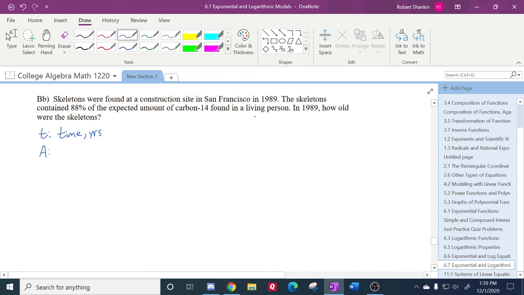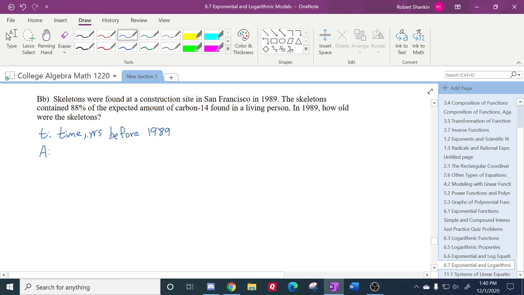I think since the question, we usually figure out our variables from the question that's asked. Years, I think it's before 1989. So how old are the skeletons?